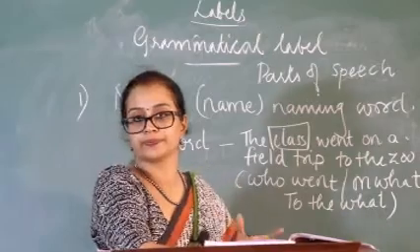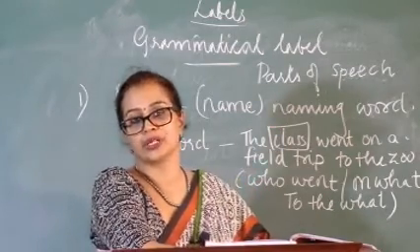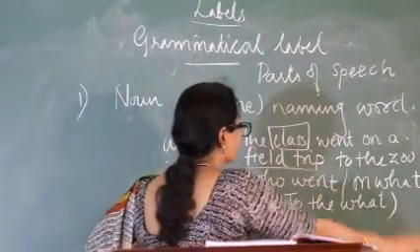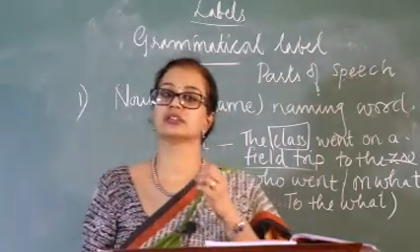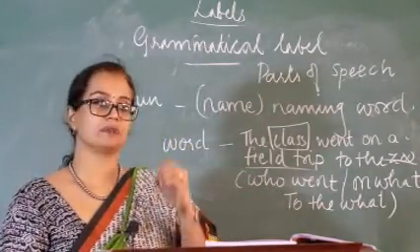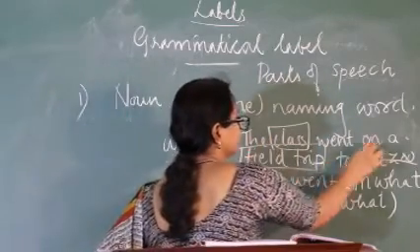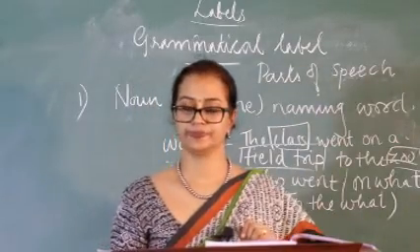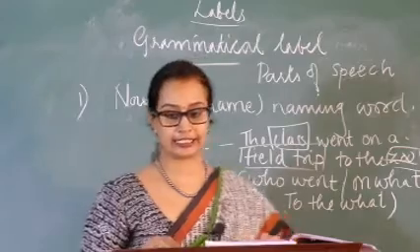Where did they go? To what? To the zoo. So you have the class, the field trip, the zoo, and they are the words. These words can be named as nouns.